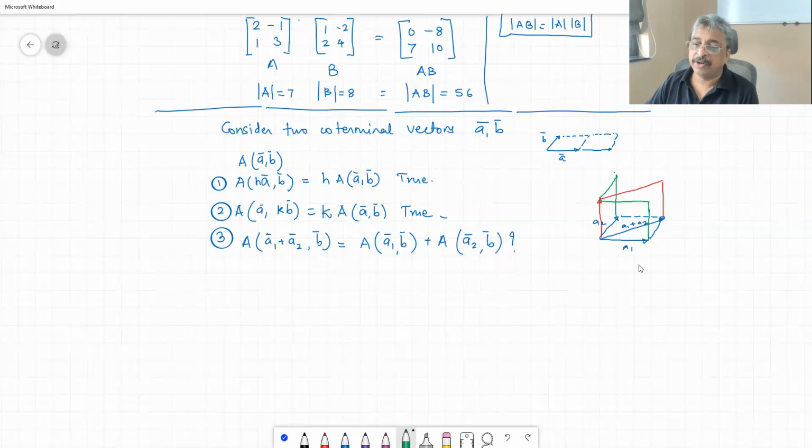How are you going to calculate it? Will it work? Do you think it will work? Of course it will work.